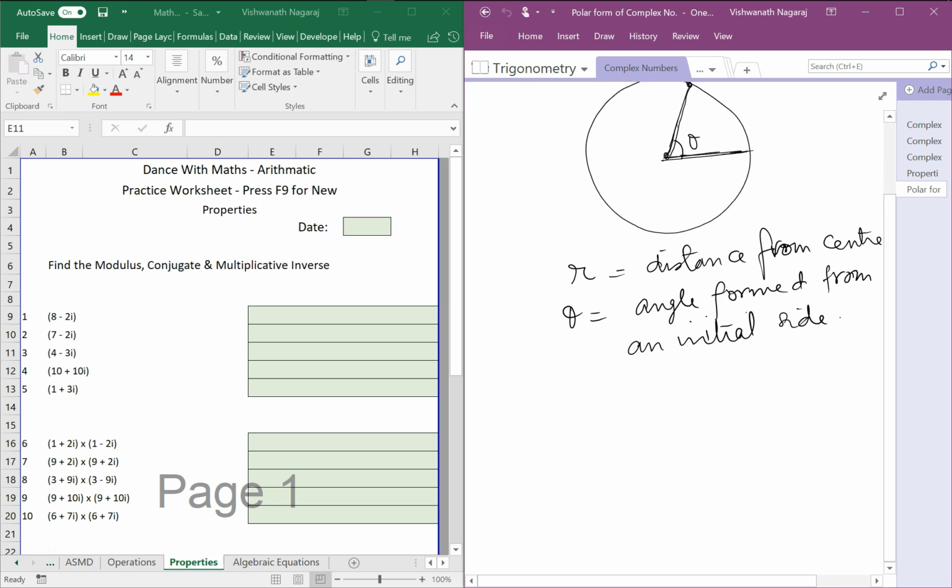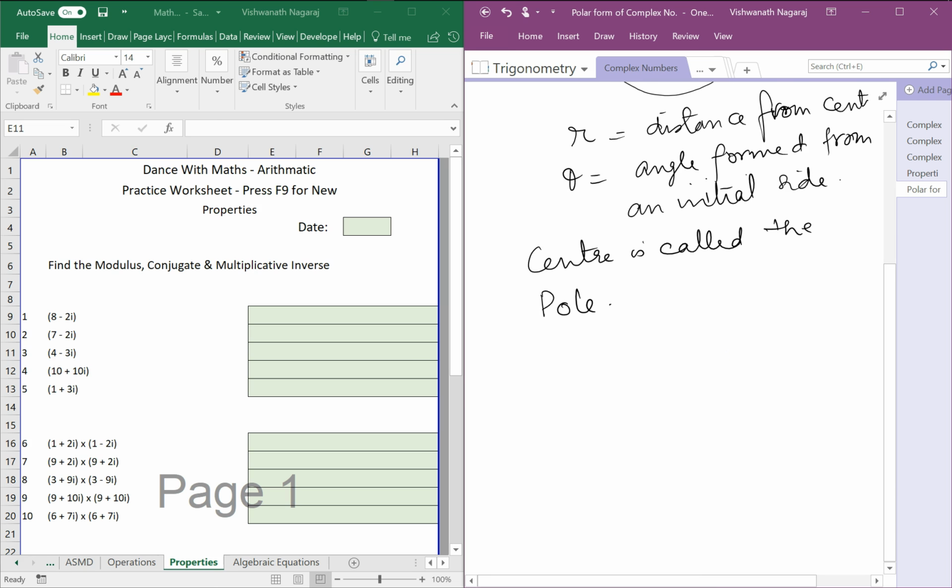Okay, the center is called the pole, right? So let's see how to figure out the polar form of a complex number.